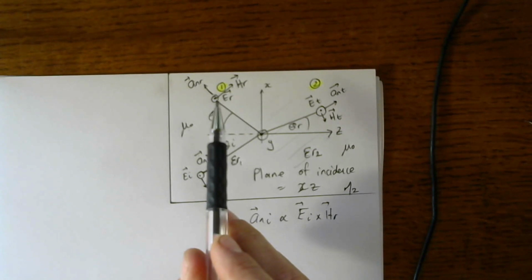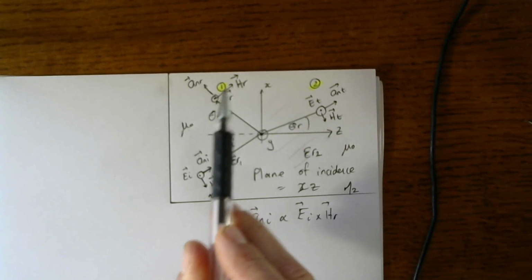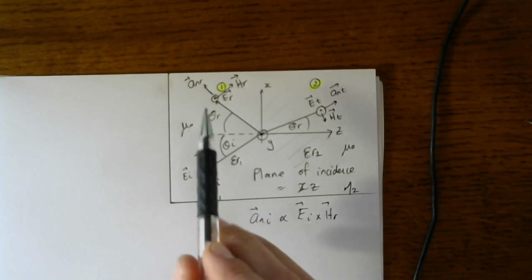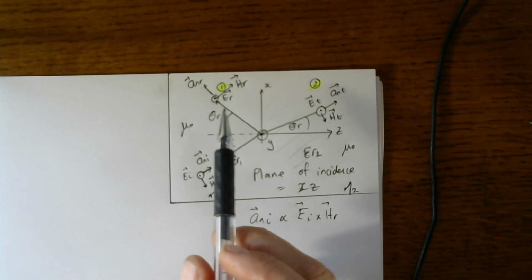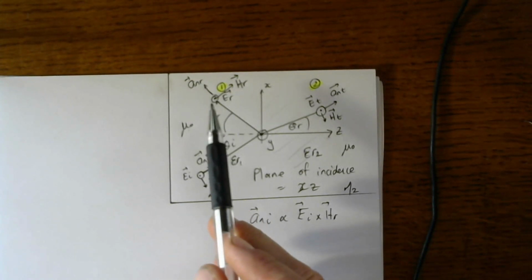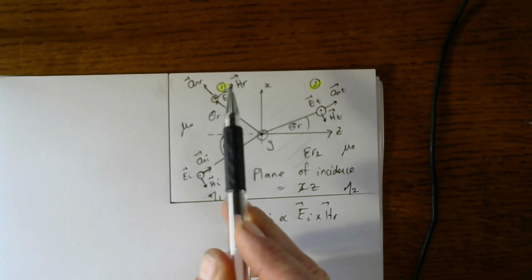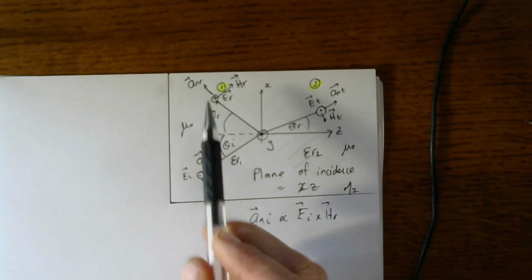You could have also selected ER to go into the board, but then your direction for H would have changed. We keep them all the same just for simplicity. What is important is the way in which E and H are defined relative to each other, because I know this vector has to point in the direction of the reflected field.